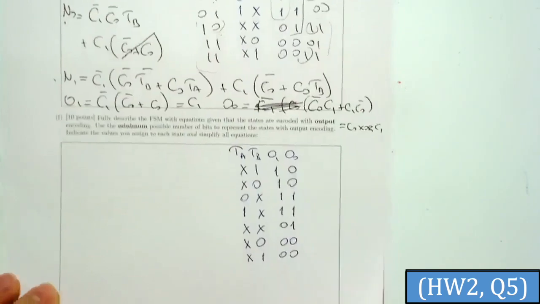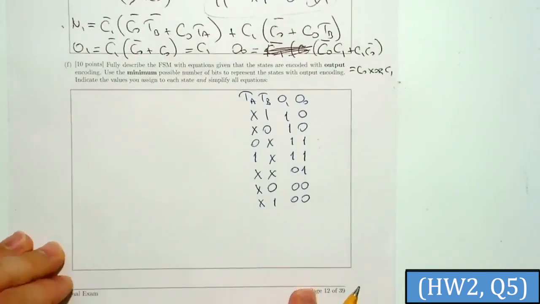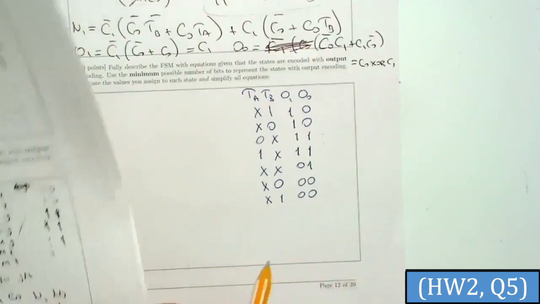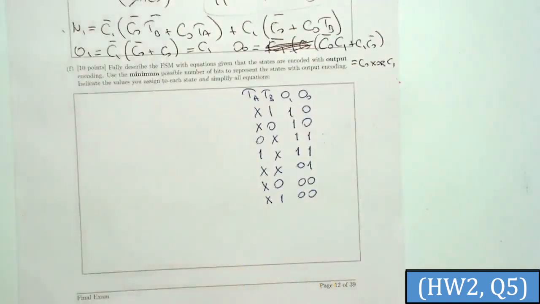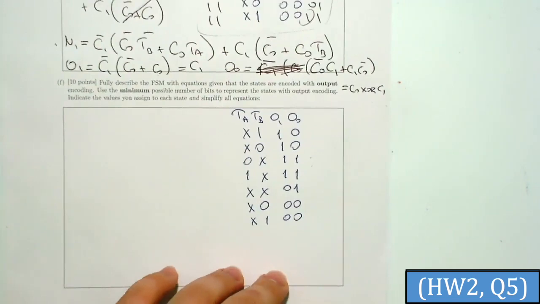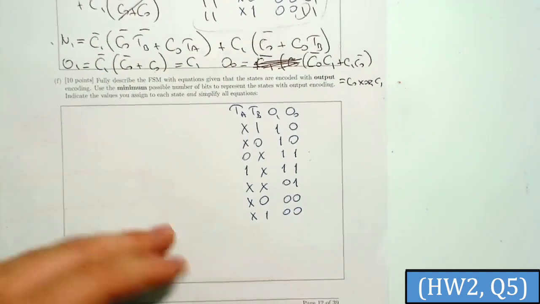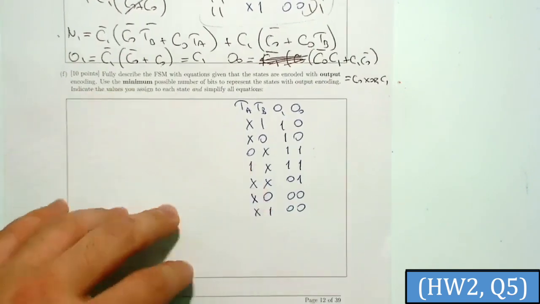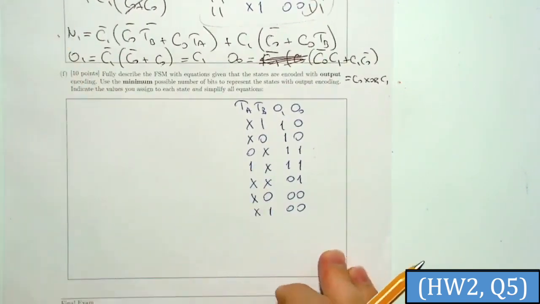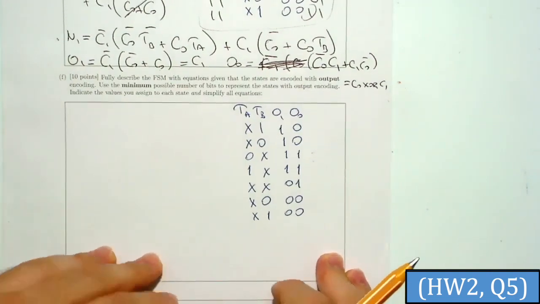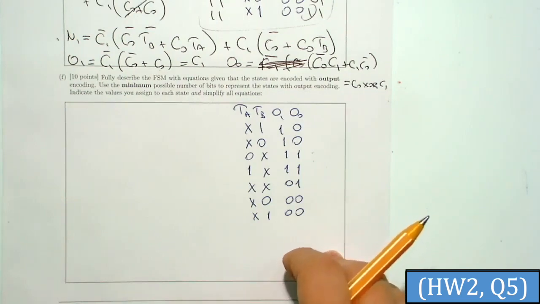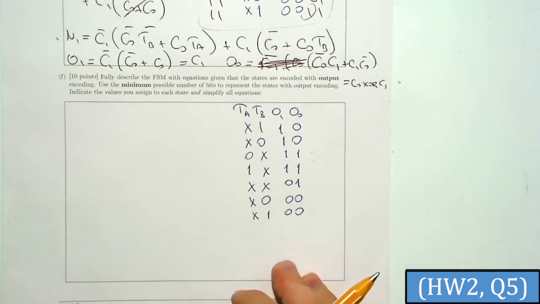Okay, so for the last one, that's tricky because it asks for the output encoding. This means that I need to make sure that the output is encoded so that the output logic circuitry will be minimized, right? So how can I ensure that beforehand without writing the truth table and the circuitry?